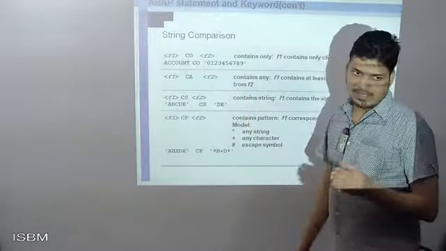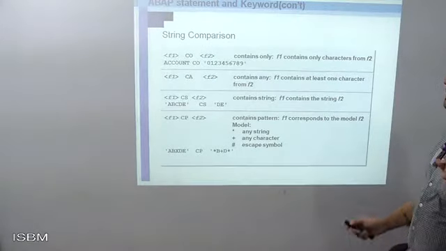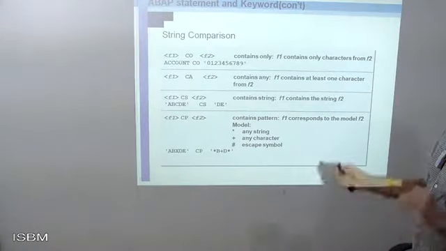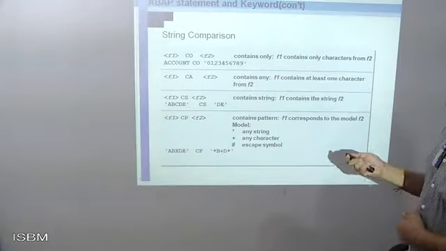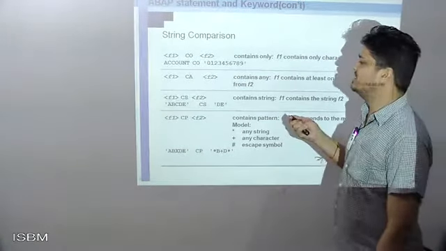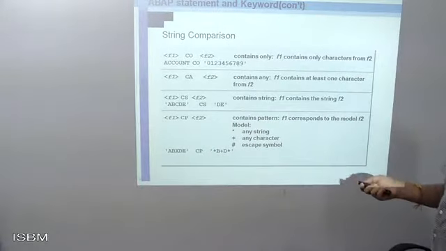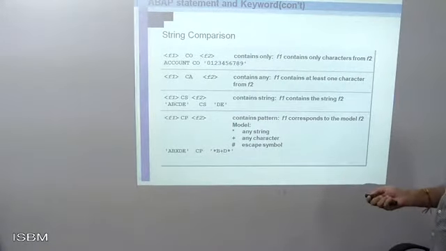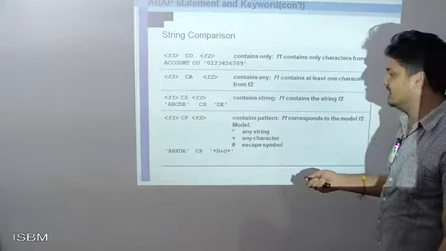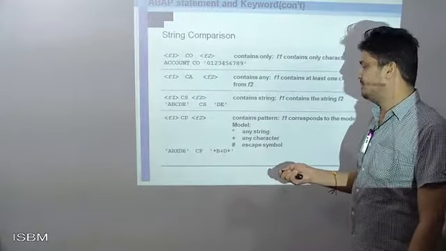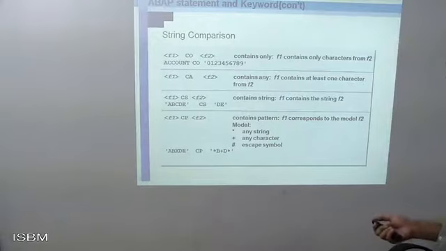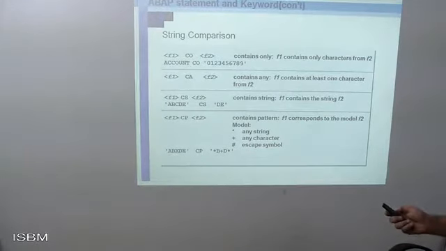If any account number contains 0, 1, 2, 3, 4, 5, 6, 7, 8, it fetches those data. Then CA is contains any, then CS is contains string, the same way. Then we have contains pattern, CP. If any pattern like star B plus D star comes, it will fetch the data. So this is the way we can do it.